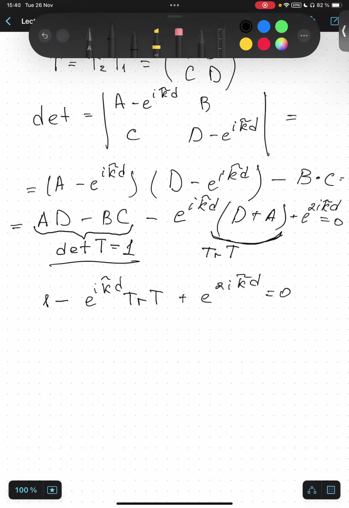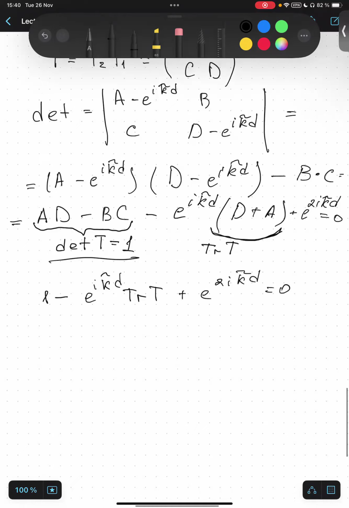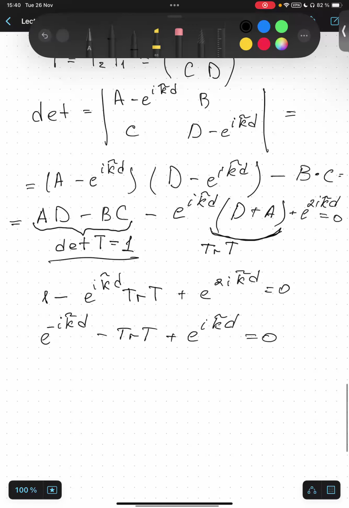Let's divide by the exponent e to the i k d: e to the minus i k d minus the trace of T plus e to the i k d equal to 0.